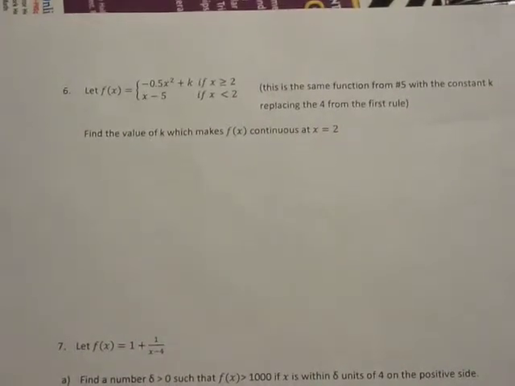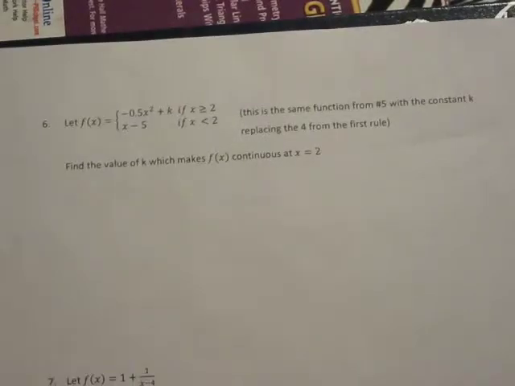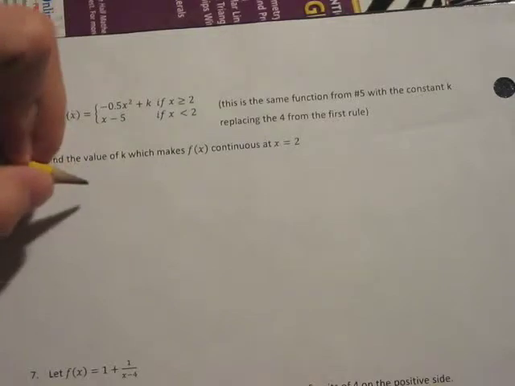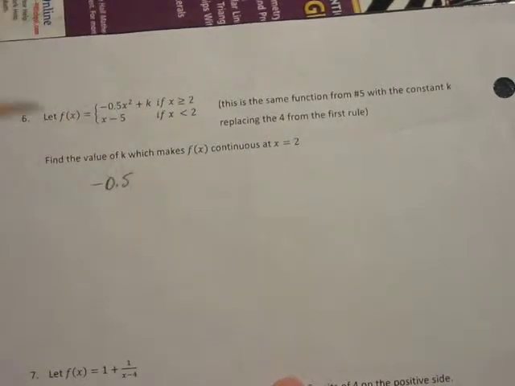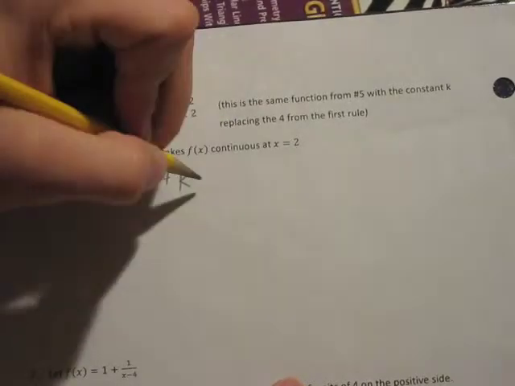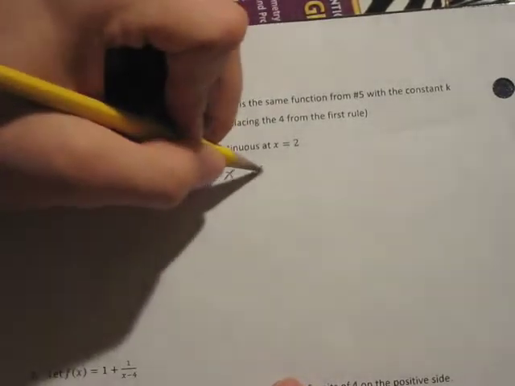Now we have that same function in number 6, and what we want to do is find a value of k which makes this function continuous at 2. So what we're going to do is take the two rules and set them equal to each other. Negative 0.5 x squared plus k equals x minus 5.